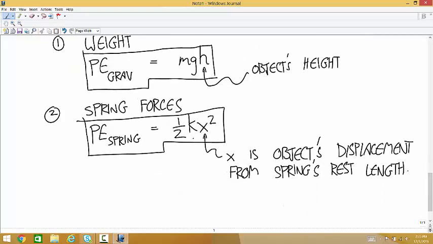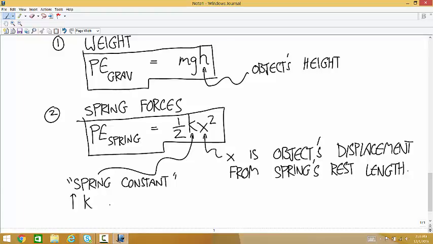And what about this k? I haven't defined that yet. That k is what's known as the spring constant or the spring stiffness. A big value of k means the spring is stiff, it's hard to deform.